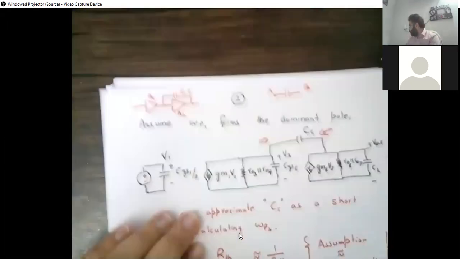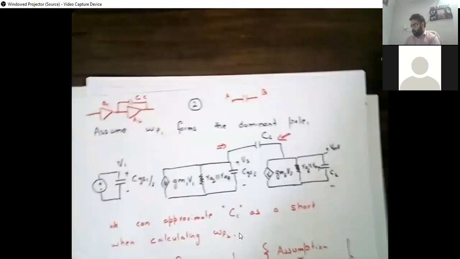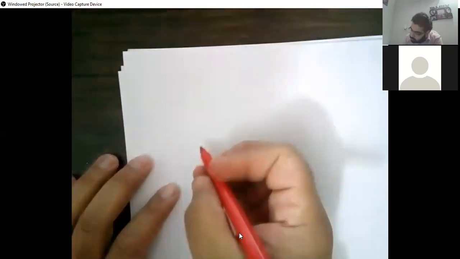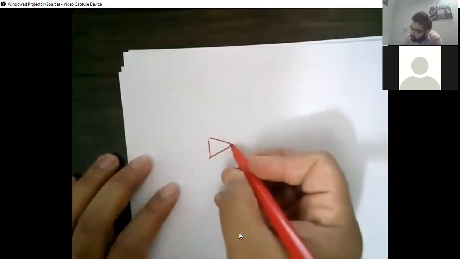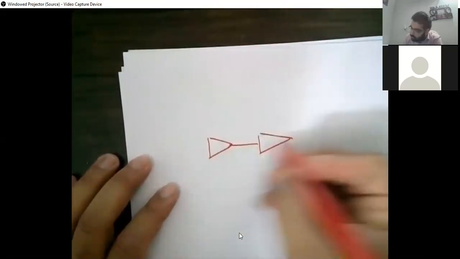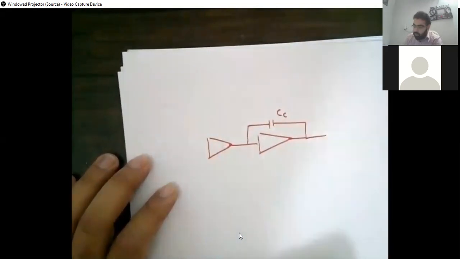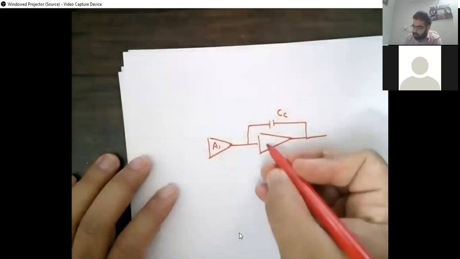Now when I see the Miller effect, this is A1, this one is A2.